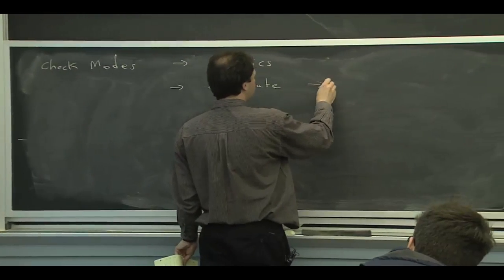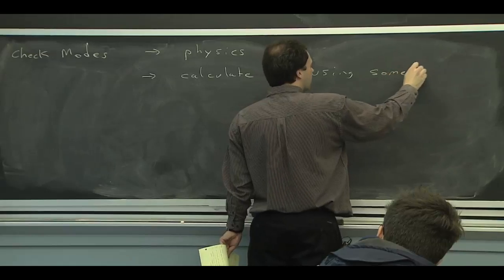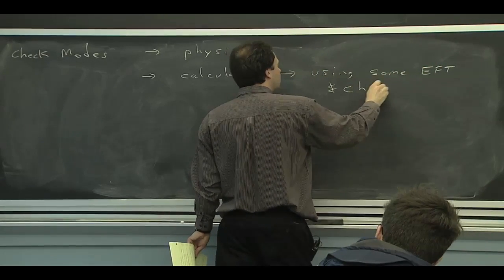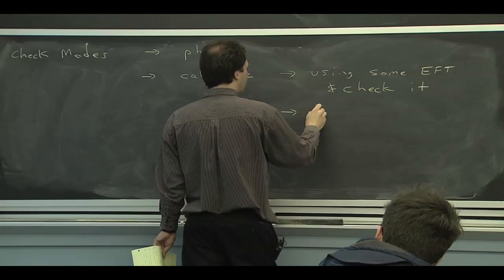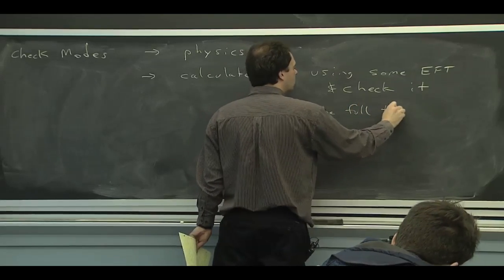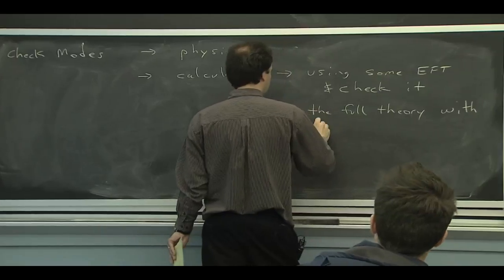So you can just calculate using some EFT as I described to you and check it. Or you could do it a different way. You could calculate the full theory result with something called the method of regions.